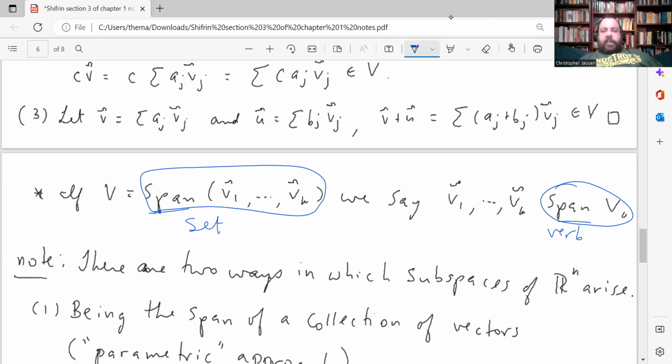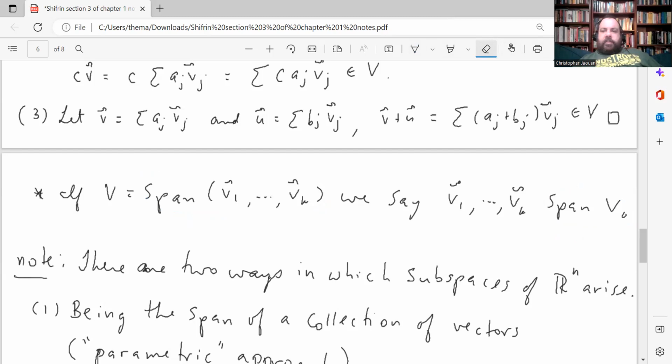The set v1 through vk span this vector space or this subspace, meaning that every vector in it can be written as a linear combination of the vectors. So in other words, this is a noun and this is a verb. But they sound similar, so it can be confusing. So that's just some terminology.